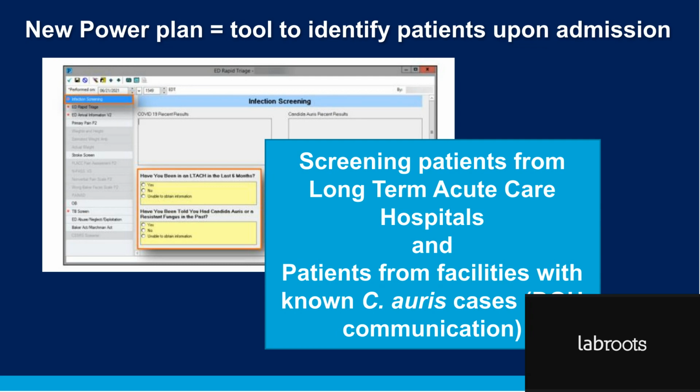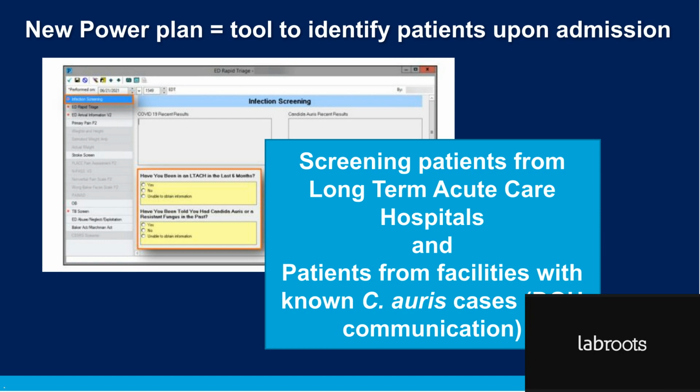So now we've introduced another tool called the Power Plan, where questions are asked at triage, whether the patients have had a stay in a long-term acute care hospital, or they're coming from a facility that has known cases of C. auris, and there's active DOH, Department of Health, communication on a list of facilities that have those. So if the questions are answered yes, then the PCR test is actually ordered automatically, so that we don't miss any potentially colonized patients.